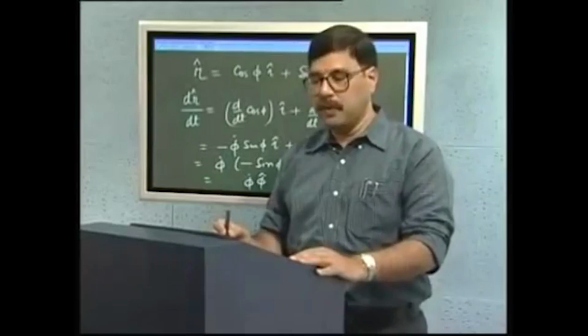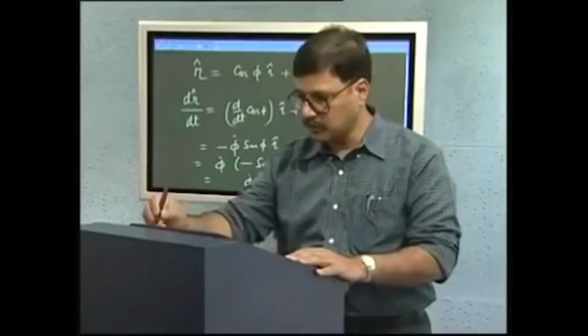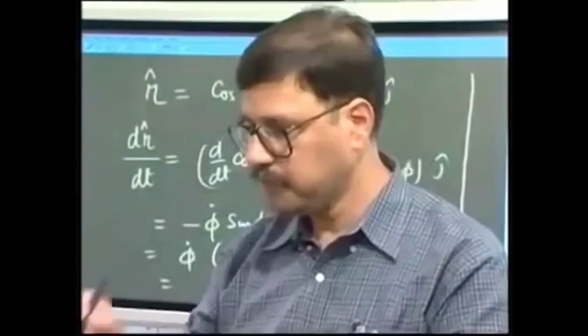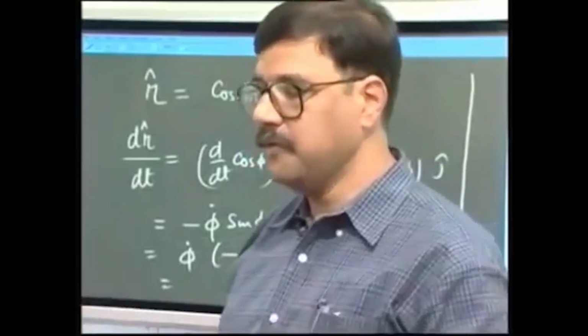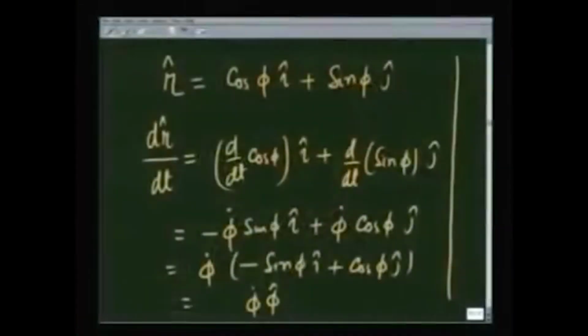So, we see from the definition also that the rate of change of unit vector r is phi dot phi unit vector. It is good to see a derivation mathematically as well as geometrically.